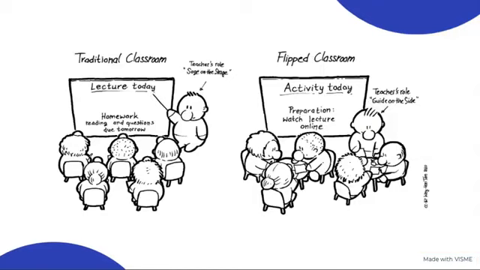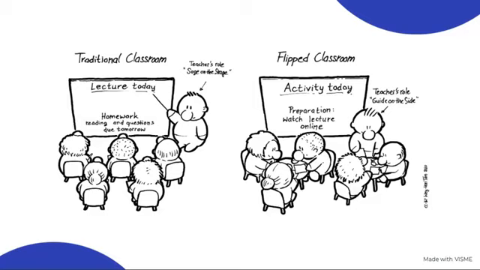So what's the difference between the flipped or inverted classroom and the traditional classroom? Here you see an example of the traditional classroom on the left. The teacher is the leader on stage. You lecture and then you assign homework and the students work on it by themselves at home after they've learned the materials in class.